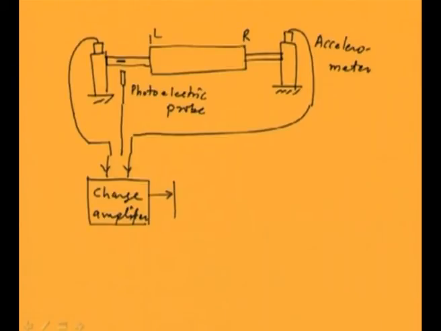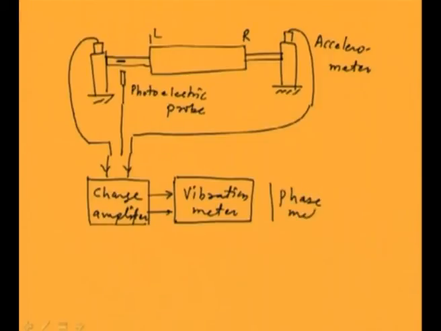The signal can be given to the vibration meter, which gives the acceleration, velocity or displacement magnitude, and there are phase measurements also, with a phase meter. The two signals and the reference signal should go to the phase meter. This phase meter will give the phase of signal 1 and signal 2 with respect to the reference signal. So all the phase measurements will be with respect to the reference signal.